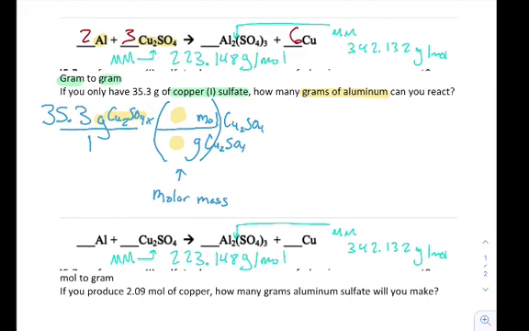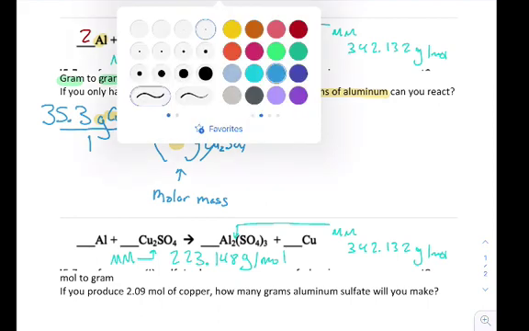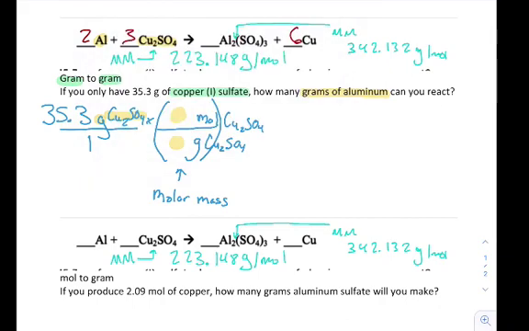So you'd go to the periodic table and add up all of the numbers for the copper twice, the sulfur once, and the oxygen 4 times. I did give you that number right here, so you don't have to do it yourself. The relationship between gram and mole for copper sulfate is that a mole of copper sulfate, if I have 6.02 times 10 to the 23rd of copper sulfate, will mass out to be 223.148 grams of that substance.